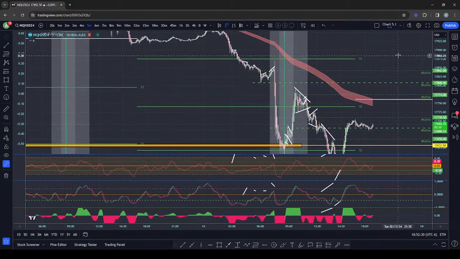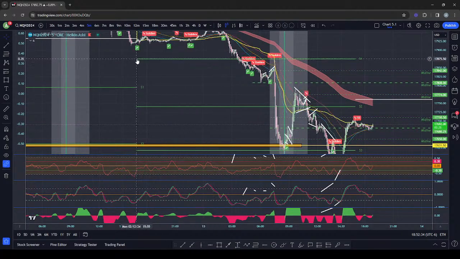Pivots are actually a leading indicator. At the end of the trading day, when the new trading day starts for the Globex session, these just show up automatically. They're calculated by the day before, and they work really great as support and resistance.